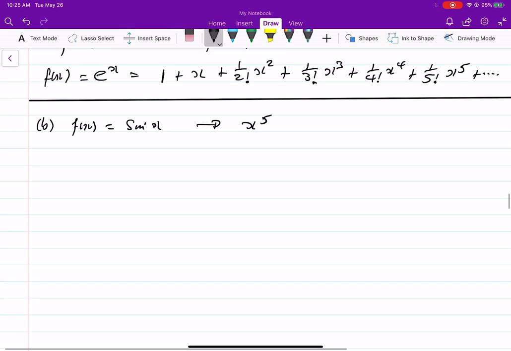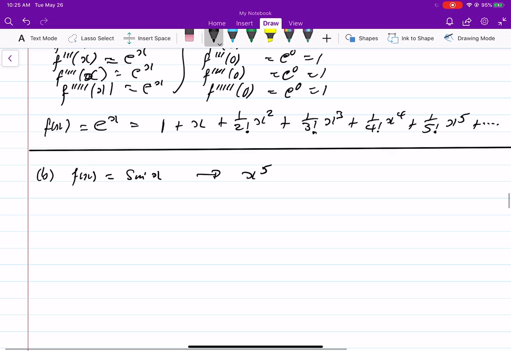All right, so let's go down the line. I'm supposed to go up to x to the fifth here again. I think I can get x to the fifth. I'll show you why I said I think. So I'll write f of x in general is the infinite sum from r equals 0 to infinity of f r primes of 0 over r factorial times x to the r.